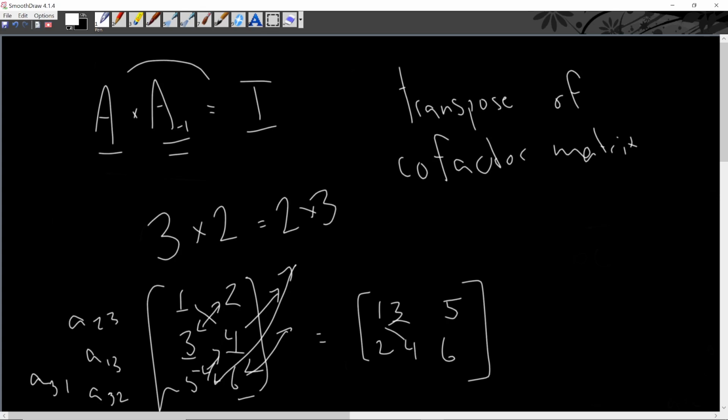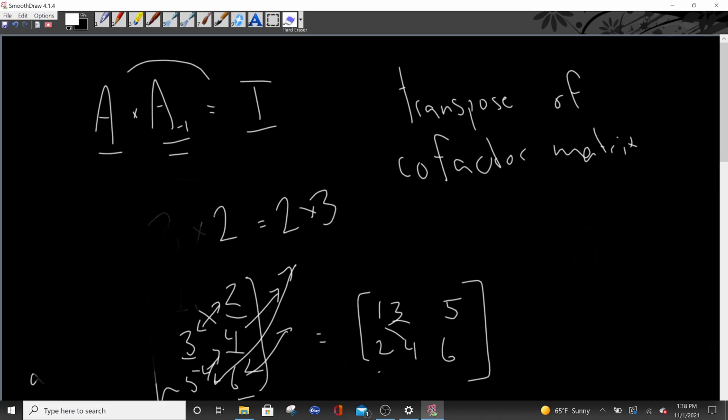A2,1 became A1,2. 2 was A1,2, so it became A2,1. 1, 4, the main diagonal remains the same on any transpose, but 5 went from A3,1 to A1,3, and then 6 went from A3,2 to A2,3. So you just keep the main diagonal the same, and then switch the i and j for any a_ij. And that's the transpose of any matrix.